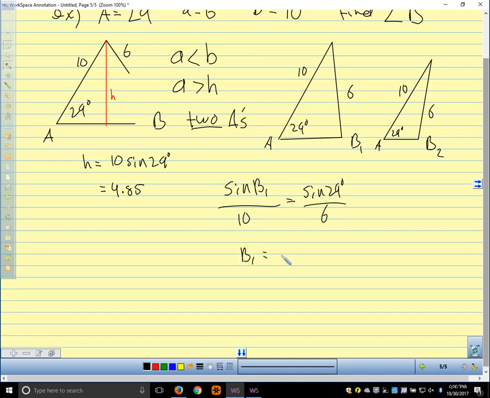So B1 is the inverse sine of 10 sine 29 over 6. When you plug that into your calculator, you get about 53.9 degrees. So this angle is 53.9 degrees.